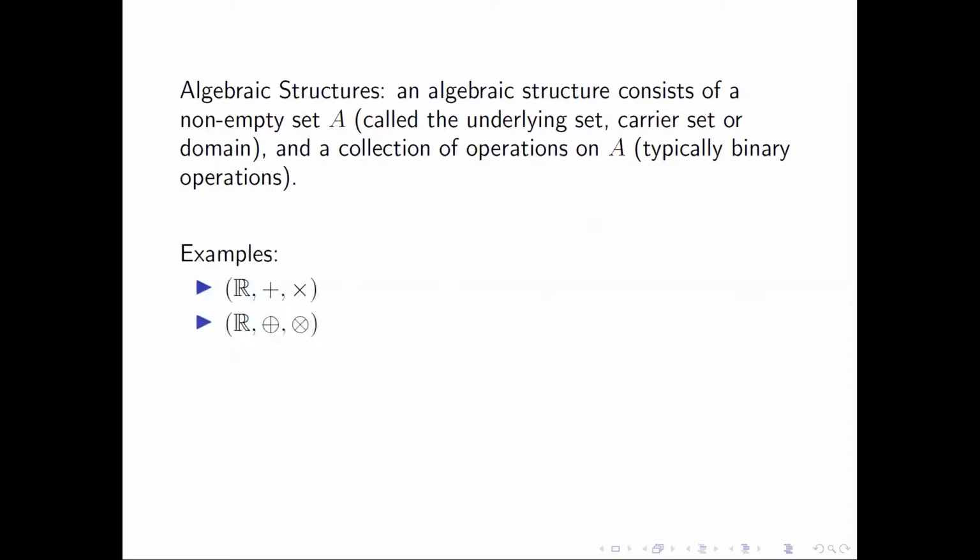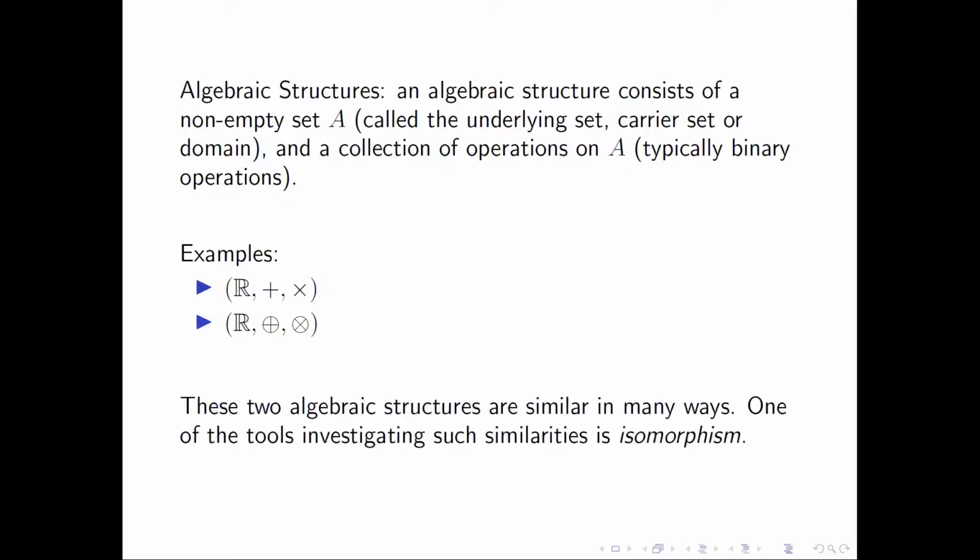We have two examples. The first one, all real numbers with two binary operations, plus and multiplication. The second example, all real numbers equipped with circled plus and circled multiply. We can see these two algebraic structures are similar in many ways.